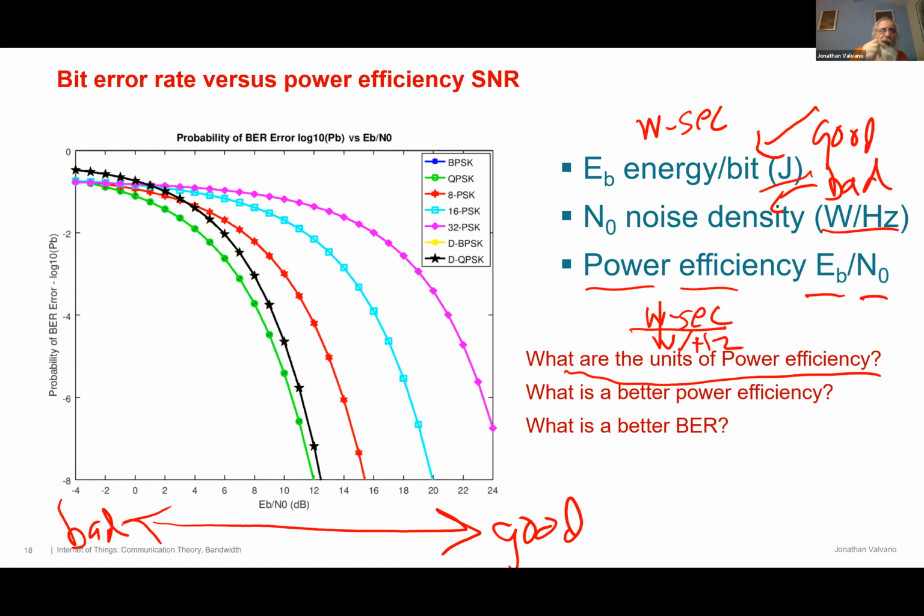Let's do the same thing up here, and that is, this is the probability of error shown as a dimensionless quantity. PB stands for probability. And so a probability of 1 is what?